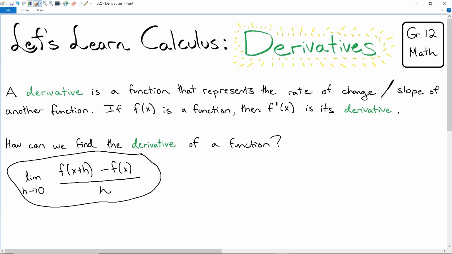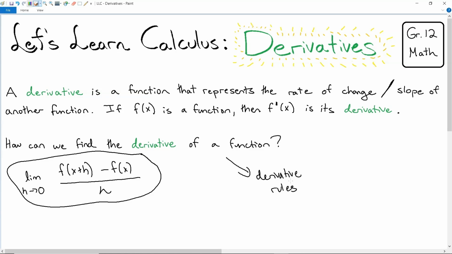Now, what I mentioned is that doing this approach with this equation can be quite tiresome. It can take quite a lot of time. So what we actually prefer to do is follow some core derivative rules.